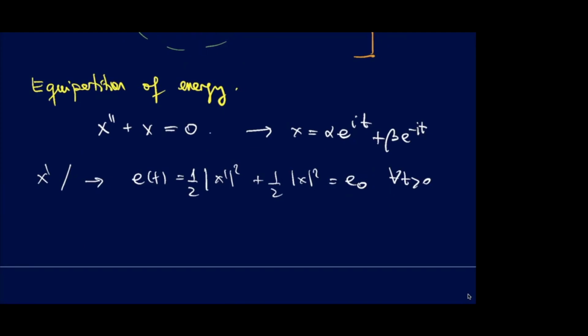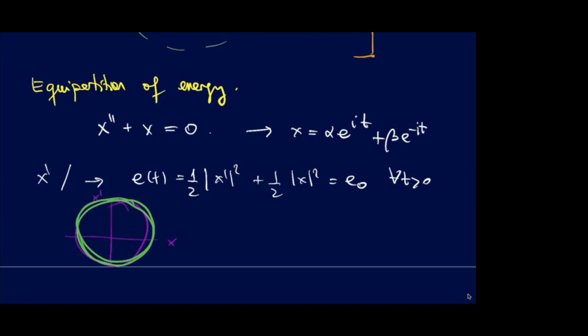We also know that drawing the trajectory of this pendulum on the phase plane, the trajectories are circles. And then if you ask me how the energy is split into the kinetic component and the potential component, I will tell you there doesn't seem to be any rule in principle.